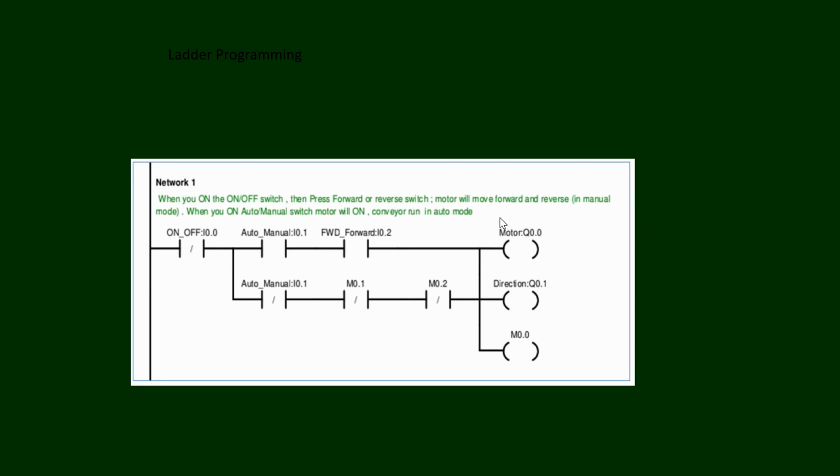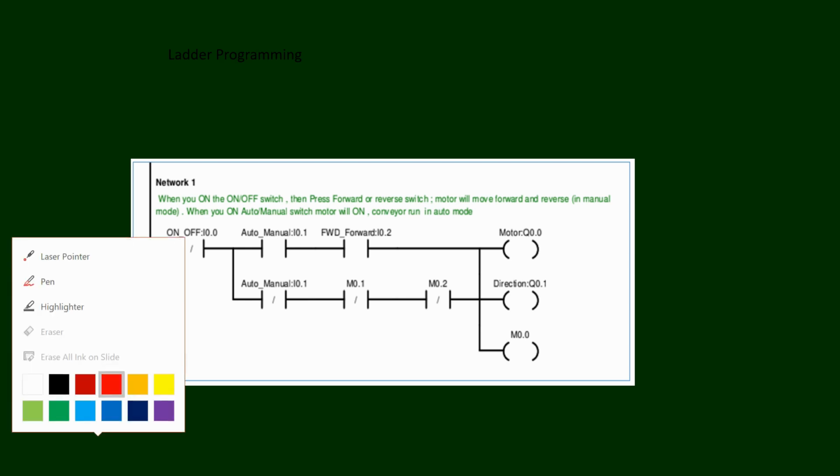You see here the figure shows network 1. When you switch on the on-off switch, then press the forward or reverse switch, the motor will move forward and reverse. This should be done in manual mode, not in auto mode. If you want to switch over from manual mode to auto mode, that's also possible here. And there are 3 switches.